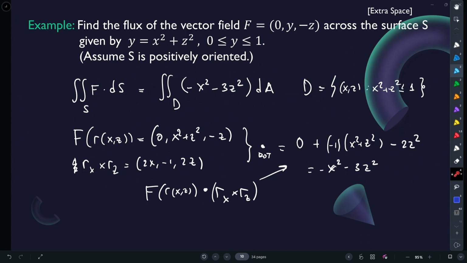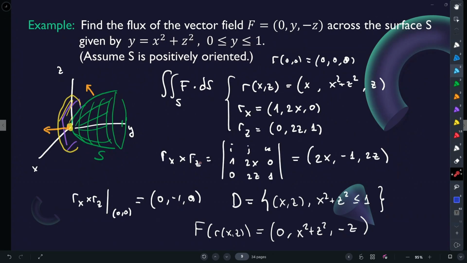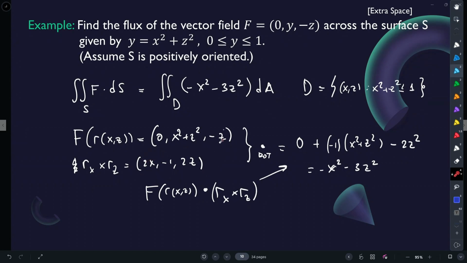But rx and rz are the partial derivatives, right? Yes, but we had already computed those. So I already know the cross product of the two. Those are the partial derivative directions, and I computed the cross product already, so I know it's this vector. So that's the vector I'm using here to dot with this to get this.